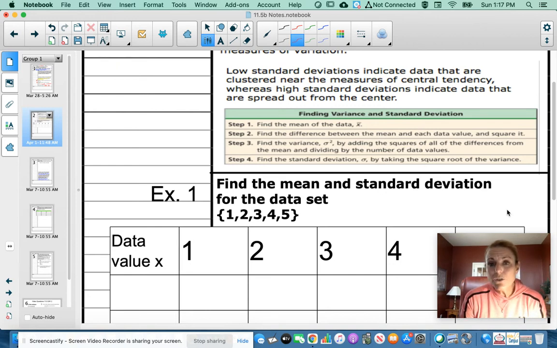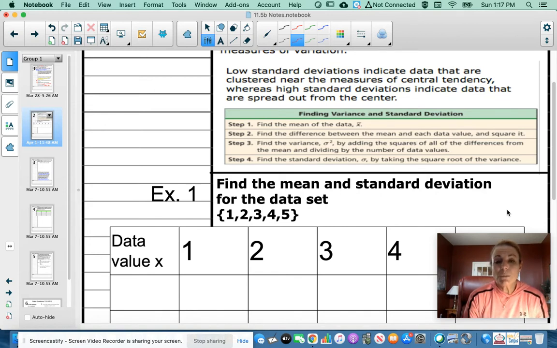A low standard deviation indicates data that are clustered near the measures of central tendency, whereas high standard deviations indicate data that are spread out from the center. The objective here, when we're collecting data and coming up with the data set, is that we obviously want our standard deviation to be low. We want our data to be clustered around our mean.